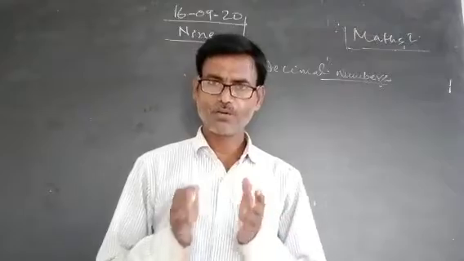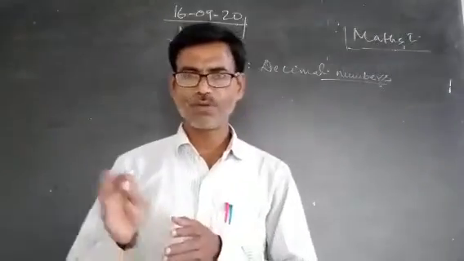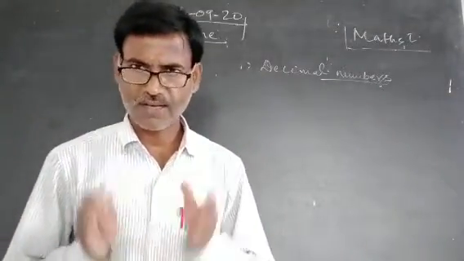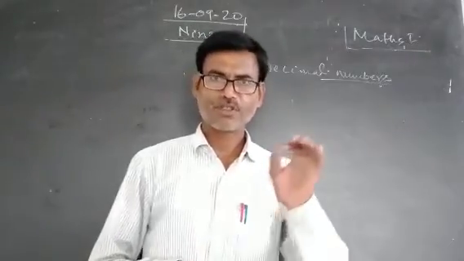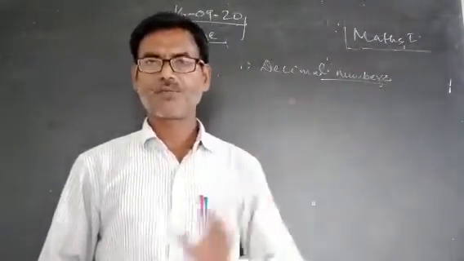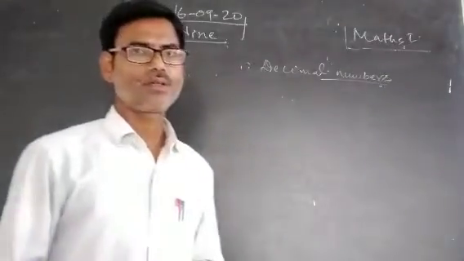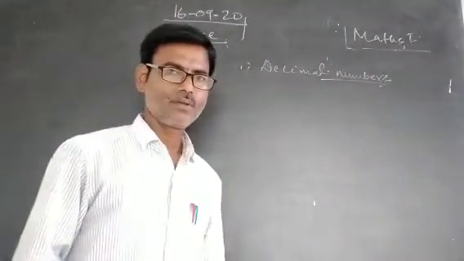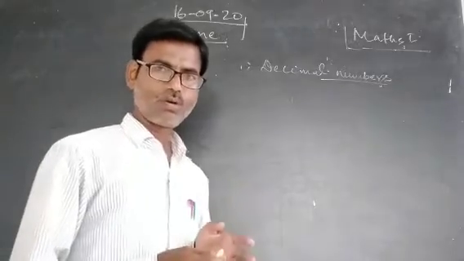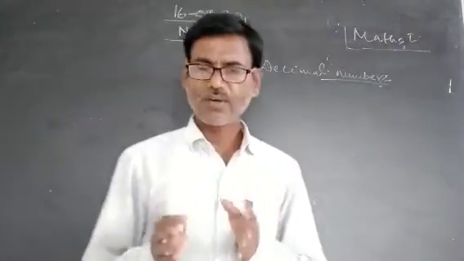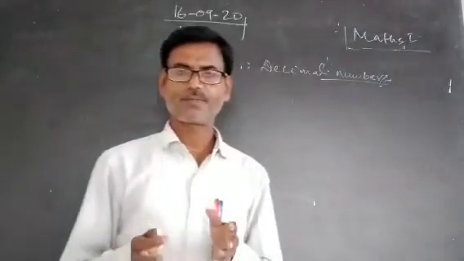A rational number whose denominator is of the form 2 to the power m into 5 to the power n gives a terminating decimal if converted into decimal. Using this rule, we don't need to perform division.